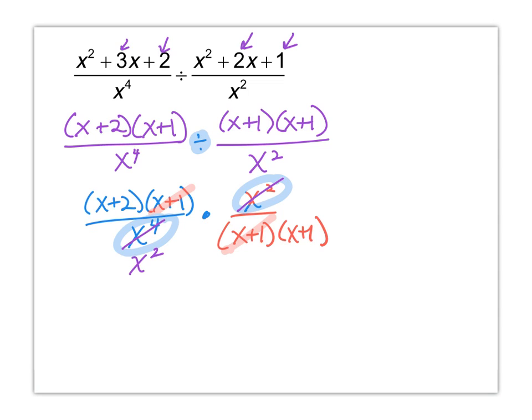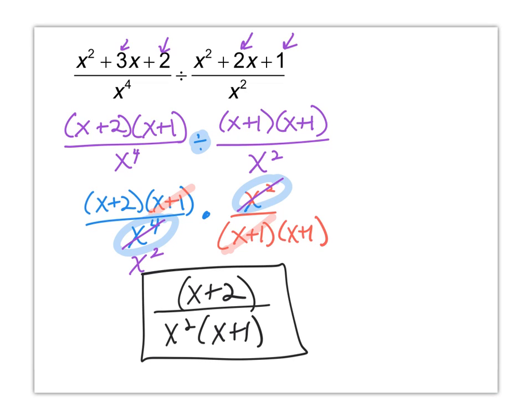Our result here will be a single fraction, and the numerator has an x plus 2, and the denominator has an x squared and an x plus 1 factor. This is our answer in factored form.